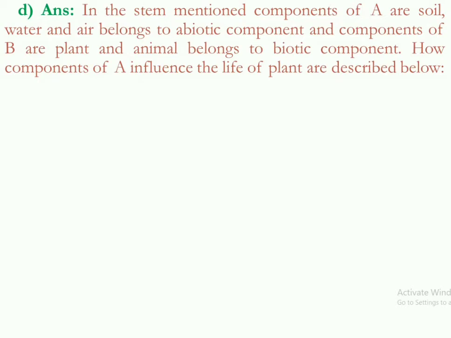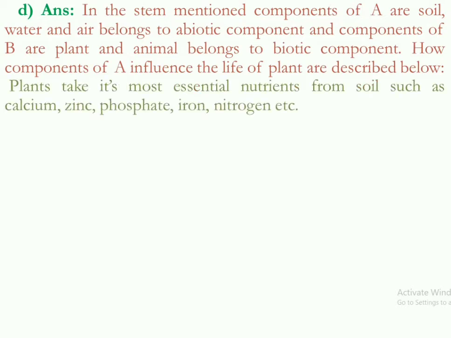Now let us see how biotic components are influenced by the abiotic components. Plants take their most essential nutrients from soil such as calcium, zinc, phosphate, iron, nitrogen, etc. That means plants' food resources lie in the soil. So this is how soil influences plant life.